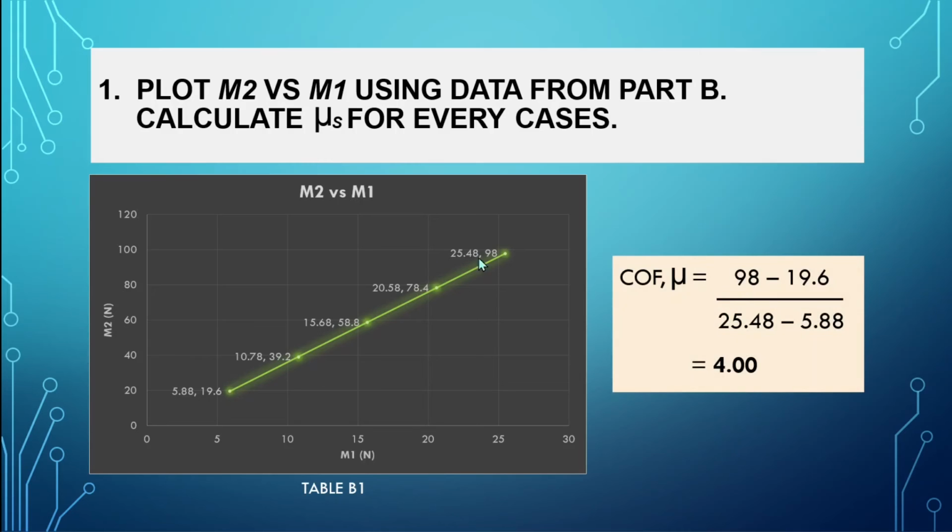So y2 is 98 minus y1 19.6 over x2 25.48 minus x1 5.88. You calculate it, you will get 4.00. This is the gradient of the graph, which is mu s. The gradient does not have a unit because it is Newton over Newton.